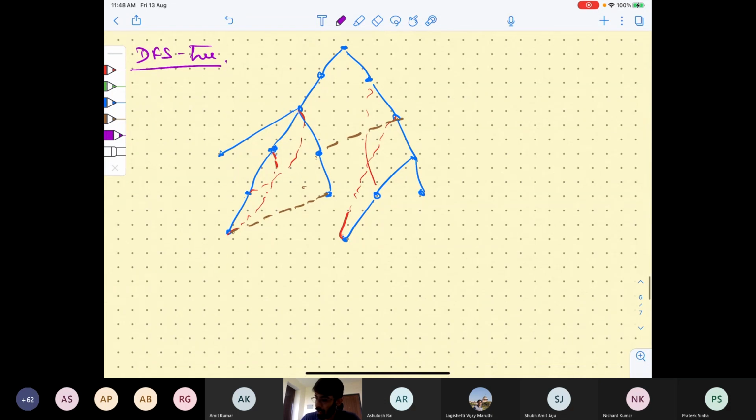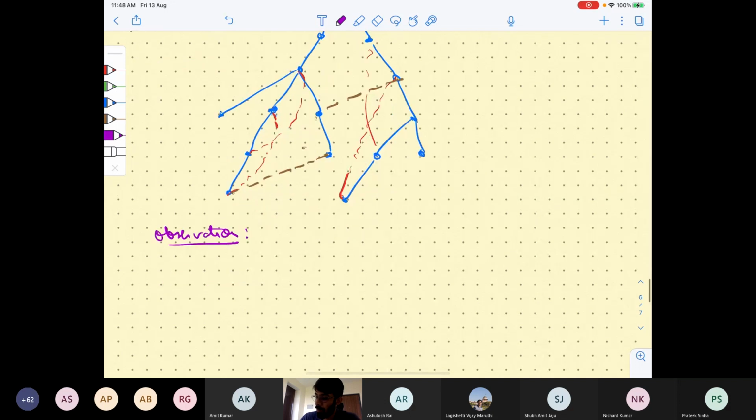So let me end with an observation and then another similar lemma as we had for BFS.